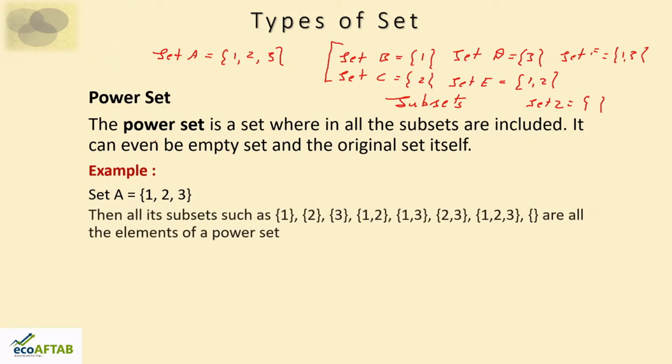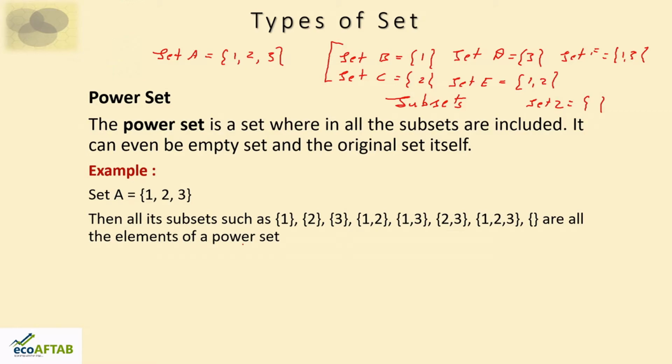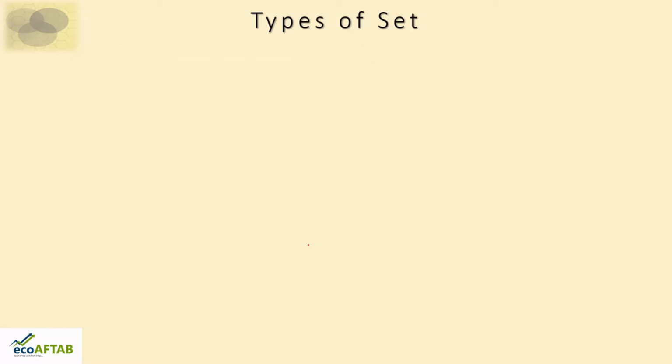Just check it out. All the sets such as the singletons 1, 2 and 3, then the sets where we have 1, 2, 1, 3, 2, 3, and the set 1, 2, 3, the original set itself, along with the null set, are all the elements of the power set. So as I explained over here, now you can see how we write the power set.